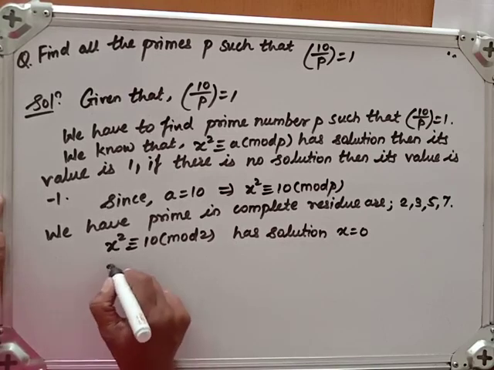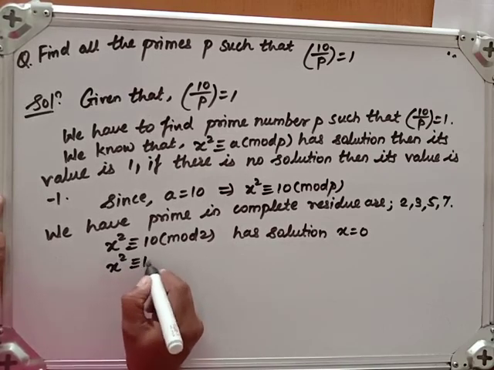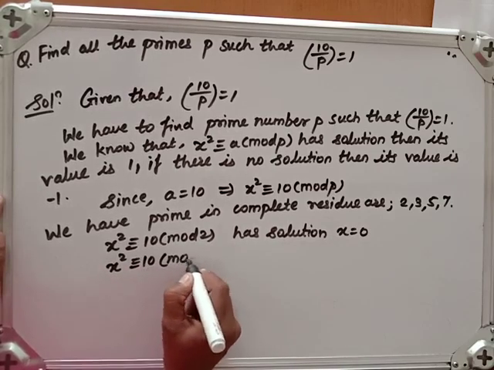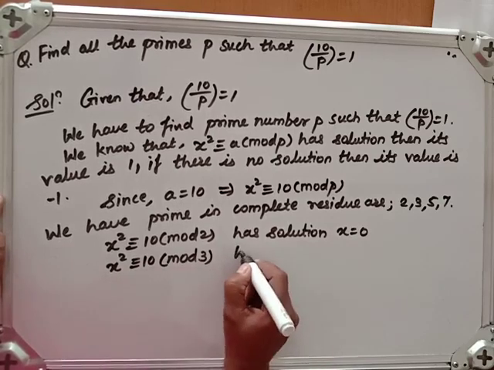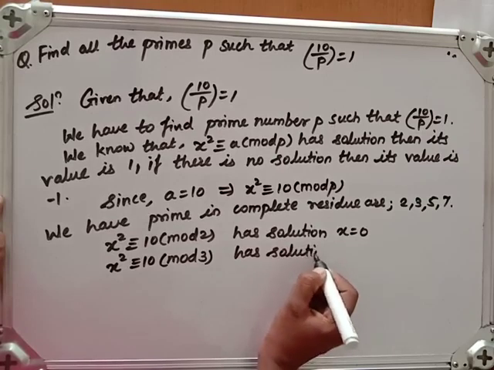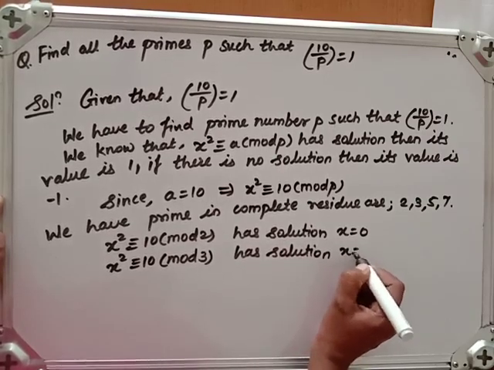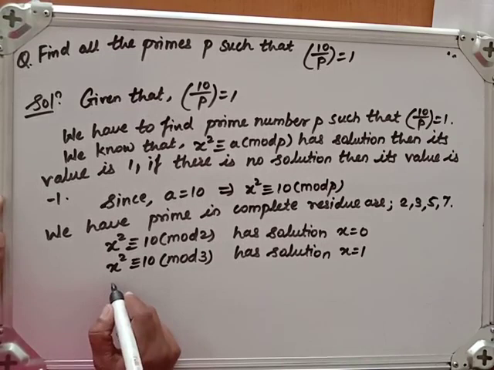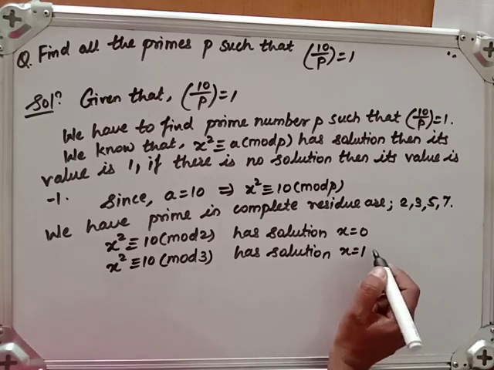Then x square congruent to 10 modulo 3 has the solution x equal to 1.